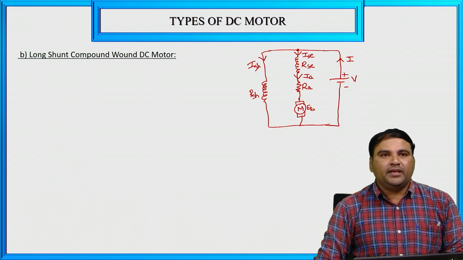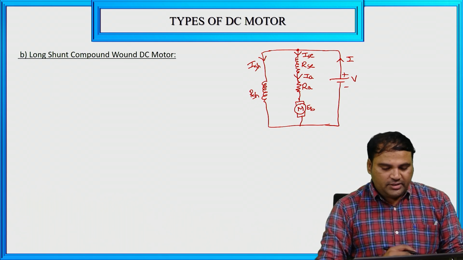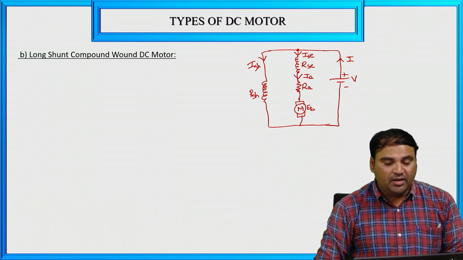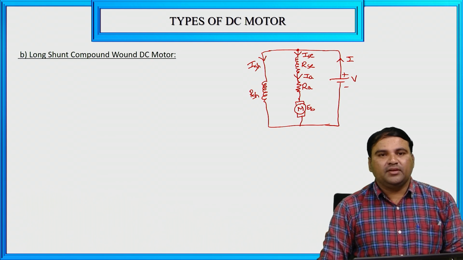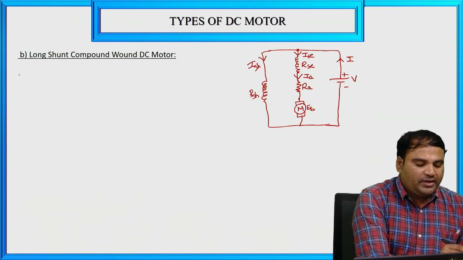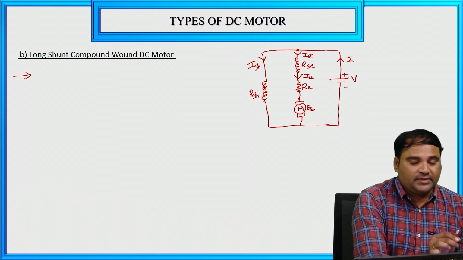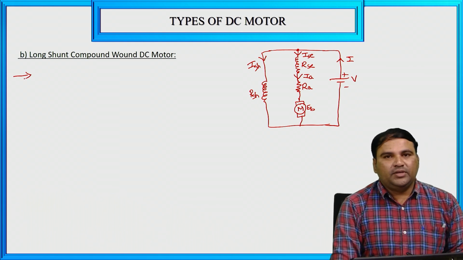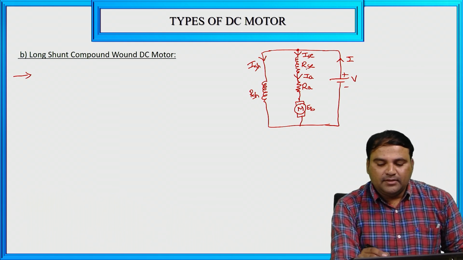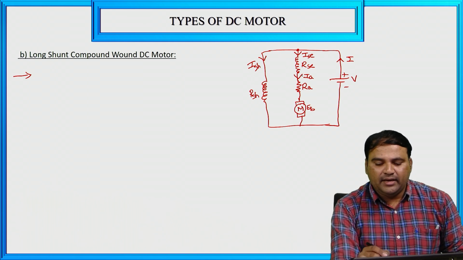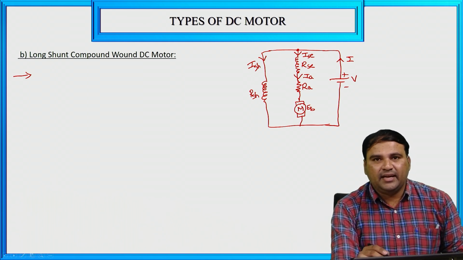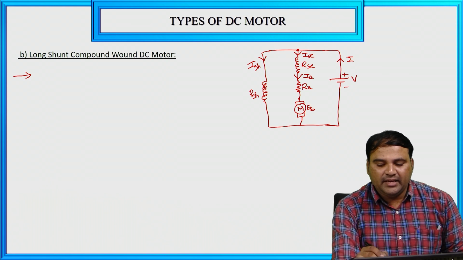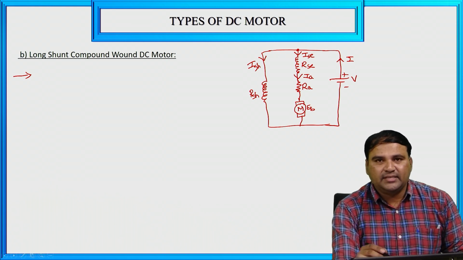Right, now for this long shunt compound wound DC motor also we need to write the current, voltage and power relations, right? So first of all we need to write the current relations. In this current relation, series field winding and armature winding are connected in series. In series the current is constant, means IA is nothing but ISC only.